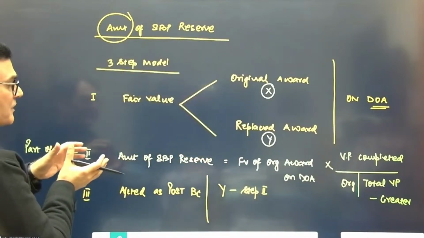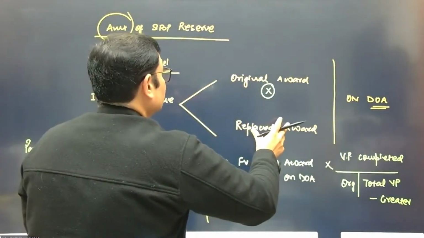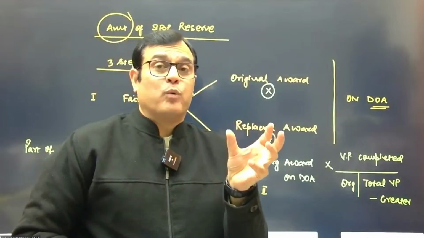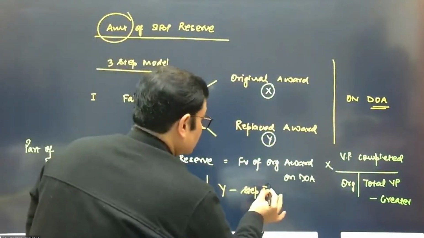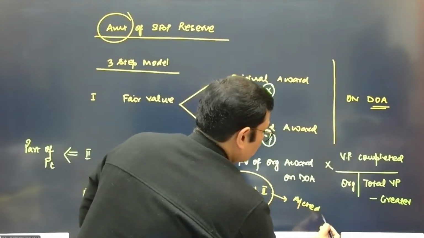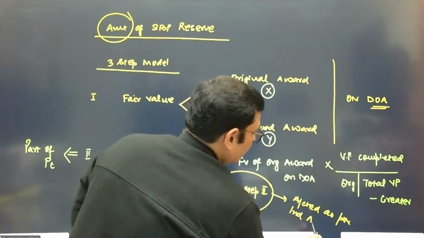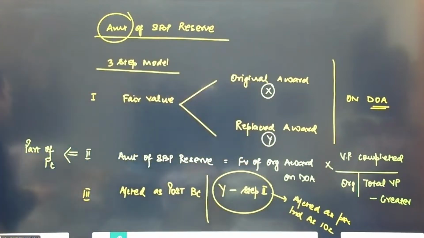Because you've created an SBP reserve, the ultimate total SBP reserve to be created is the value Y. So whatever is the difference between Y and the figure in step number 2, this difference will be accounted as per Ind AS 102 later, in a post-business combination.